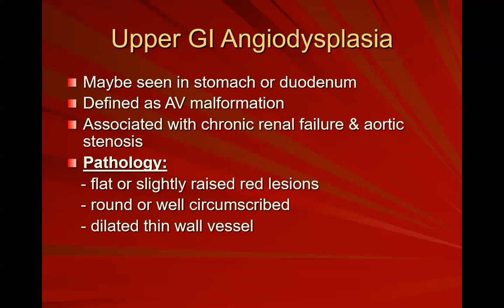So angiodysplasia is a weakness in the vessels, and it especially happens in aortic stenosis and renal failure patients. It's kind of like arteriovascular malformations, and this time it's in the veins, not in the arteries as in a Dieulafoy lesion.